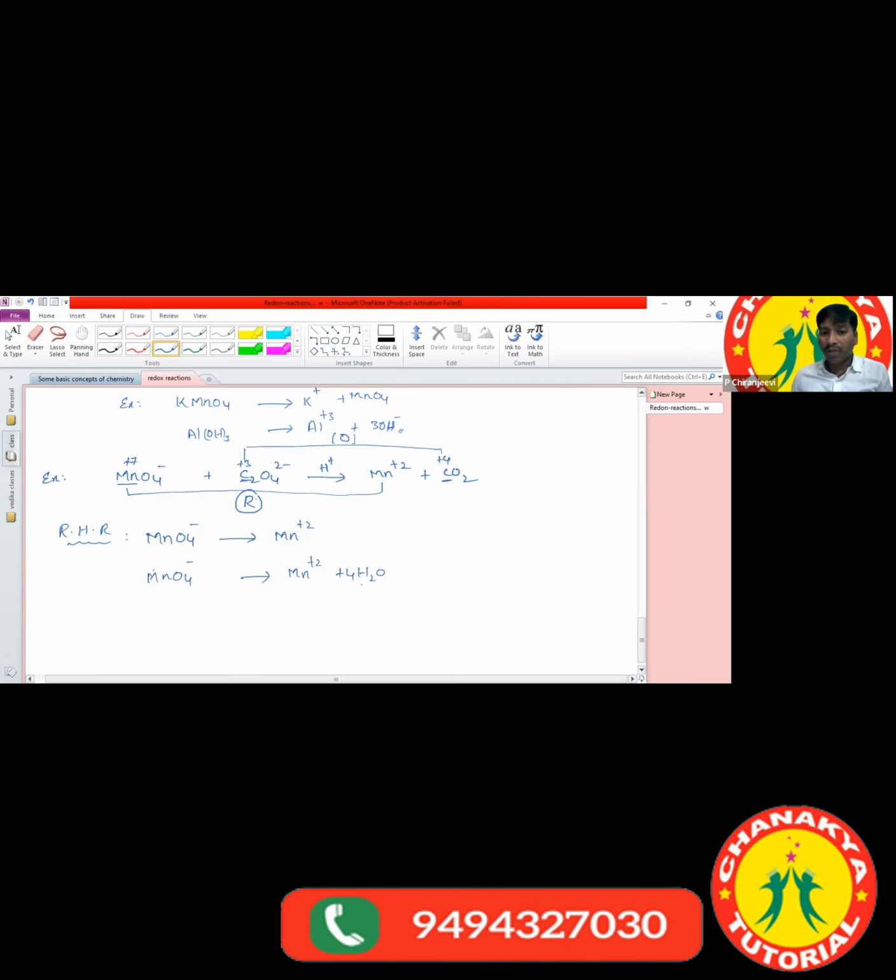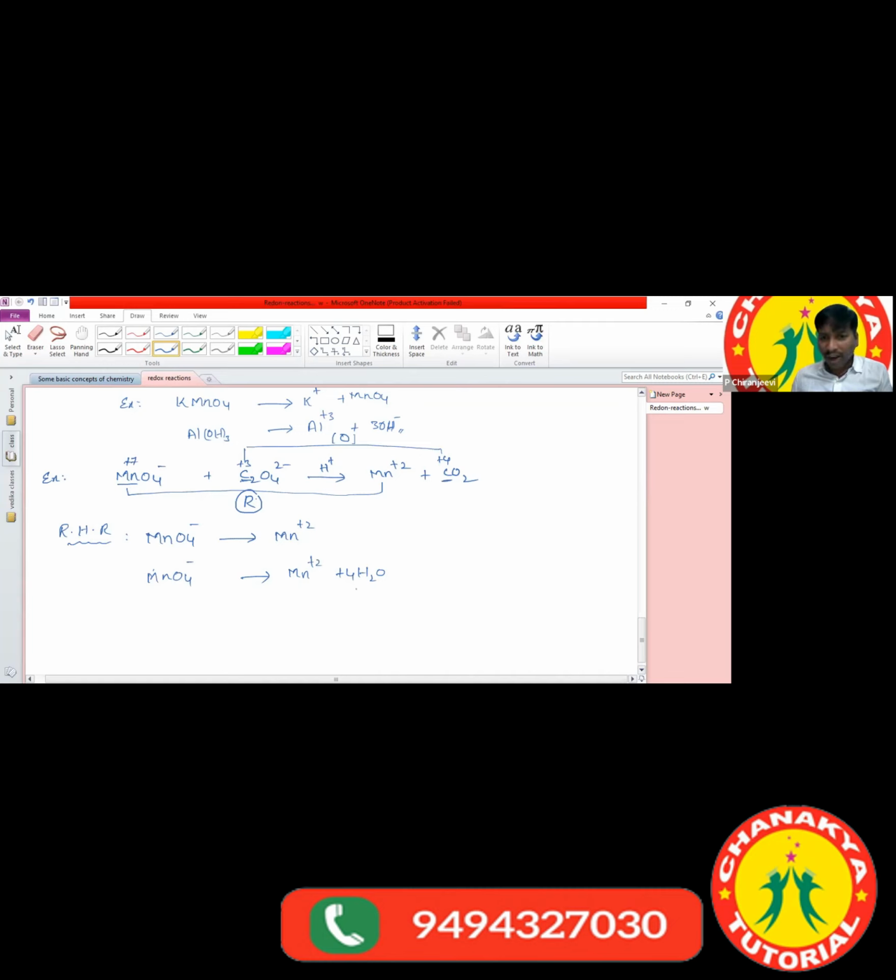How can we balance the number of hydrogens? Wherever the deficiency is there, that side, that many number of H plus ions we have to add, because the reaction is carried out in presence of acid. The hydrogens that are deficient, we represent in the form of H plus ions.